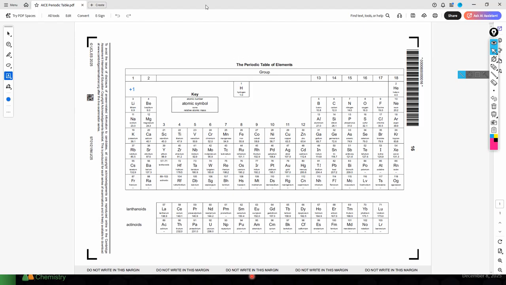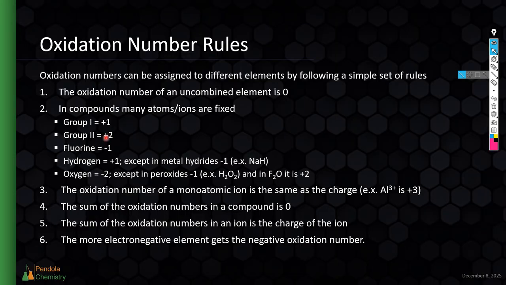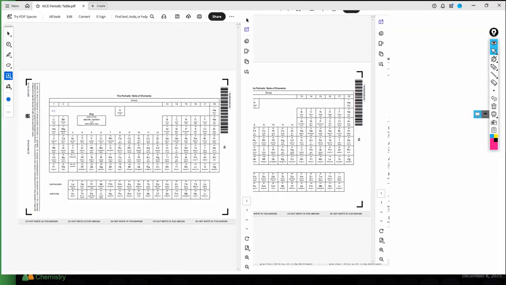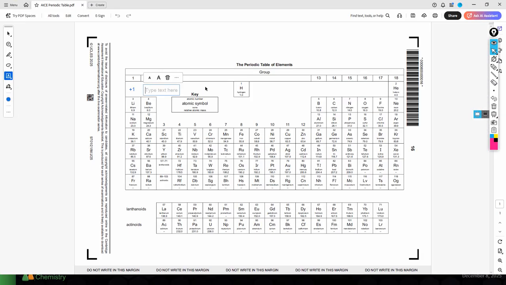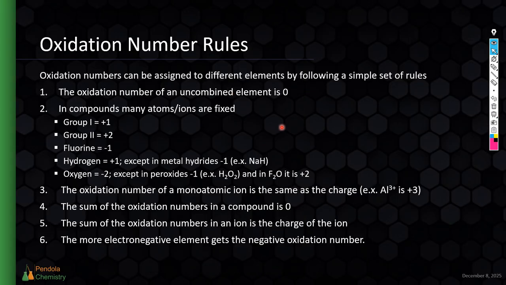Likewise, we said that group 2 elements are going to have a +2 oxidation number. So anything here in group 2, beryllium, magnesium, calcium, strontium, barium, or radium, if they're in a compound, is always going to have a +2 oxidation number. So that's always going to be the case. There are no exceptions to that rule.